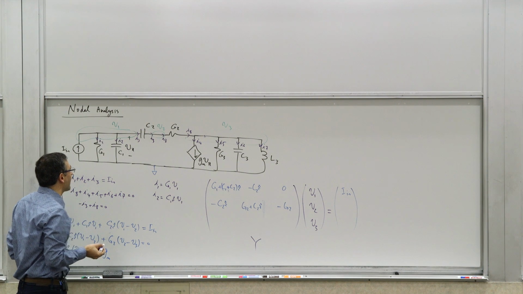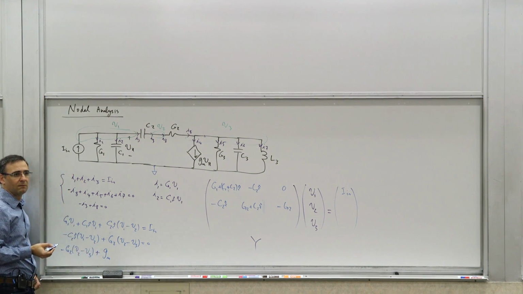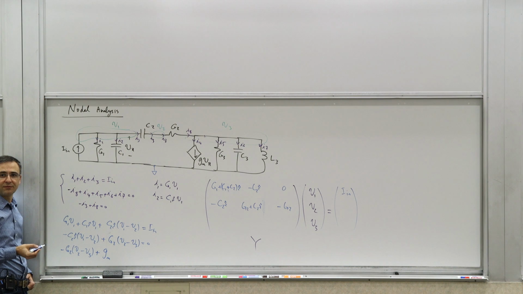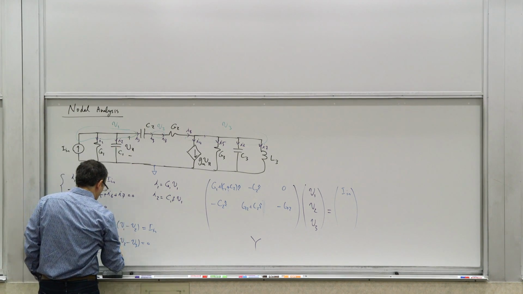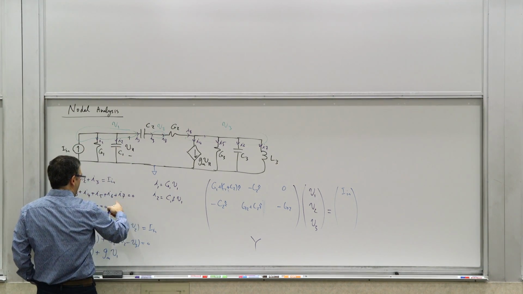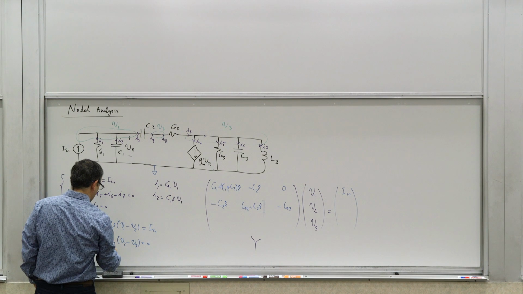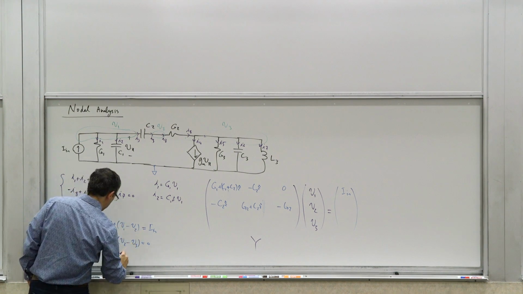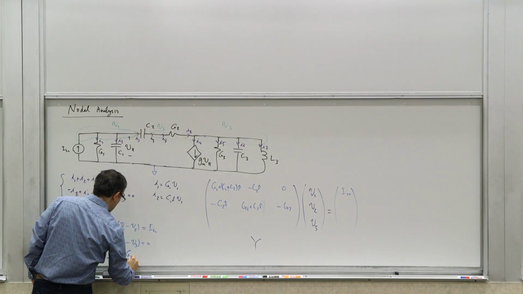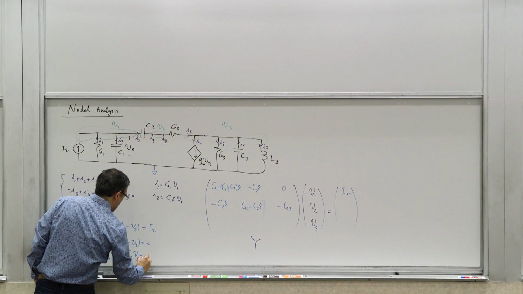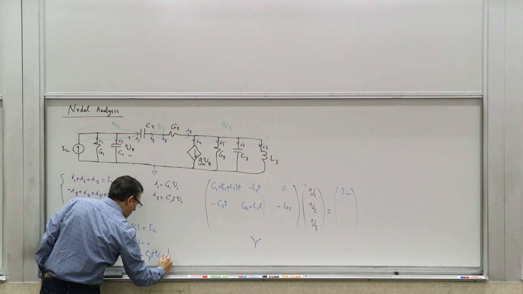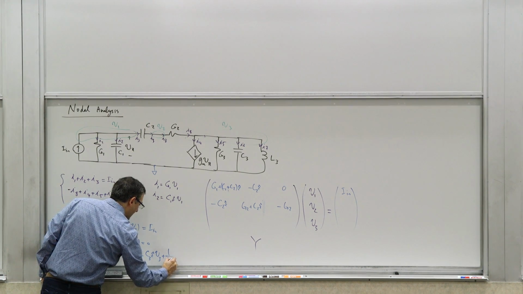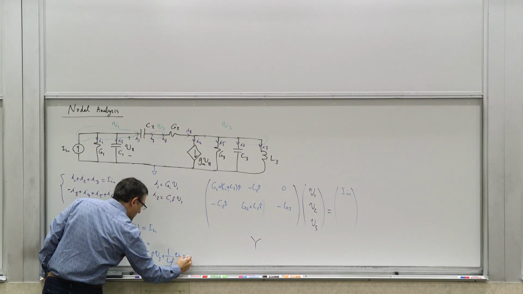Now, what is V pi in terms of the node voltages? Can we express it in terms of node voltages we have? V pi is just V1, right? Because it's this voltage. So GM V1, and then you have I5, which is basically now G3 V3 plus C3S V3 plus 1 over L3S V3 equals 0.